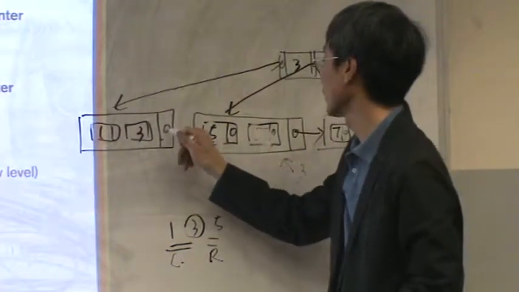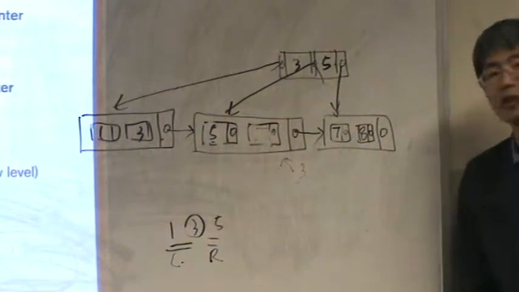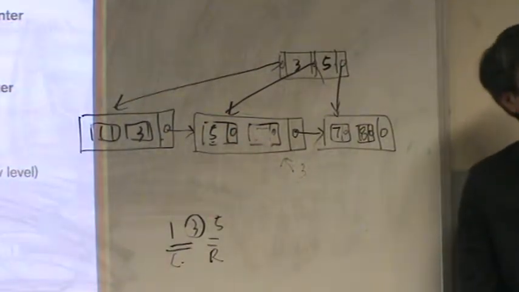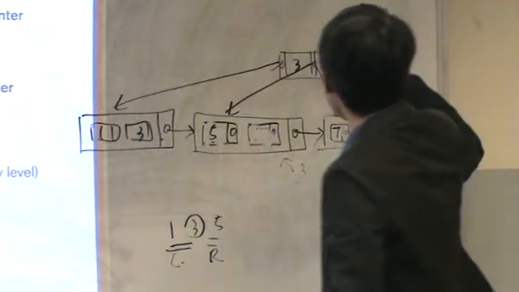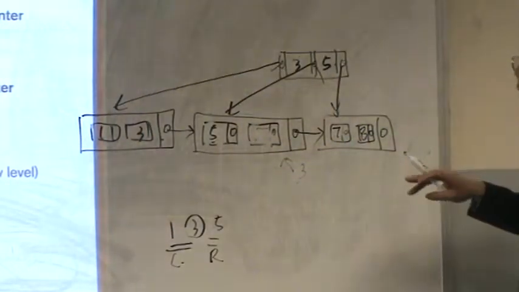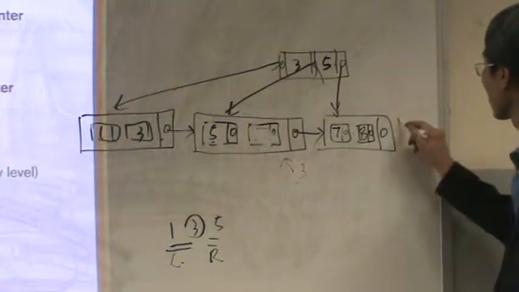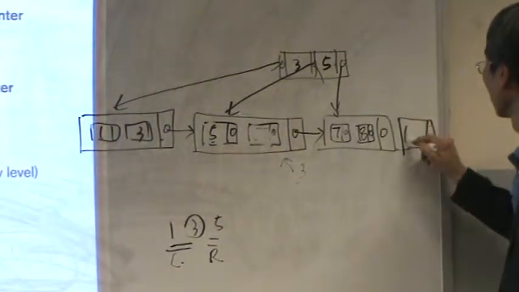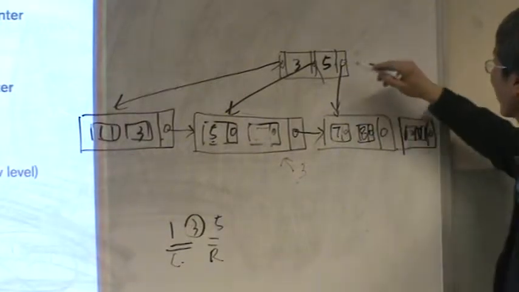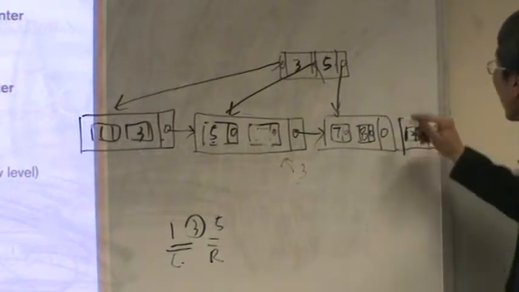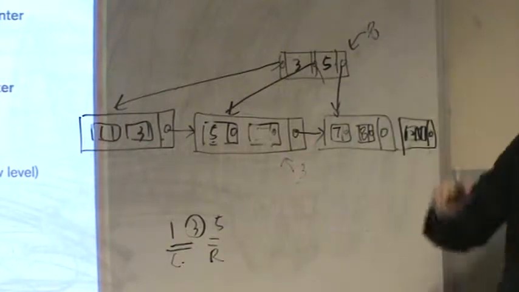Don't forget the sibling pointer. This is a B plus tree. Next one, 12. 12 is bigger than 5. There is no space, so 7 and 8, 12. Okay? Then 8 should be here.